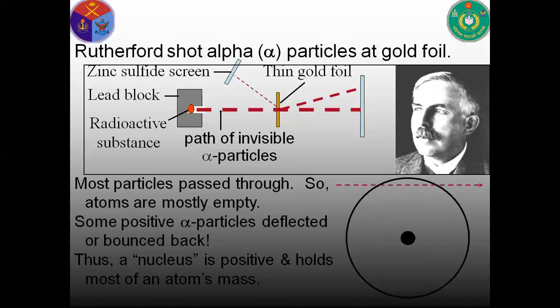Here alpha particles pass towards the atom. Many of the alpha particles pass through in a straight line, some are deflected, and a few are bounced back.